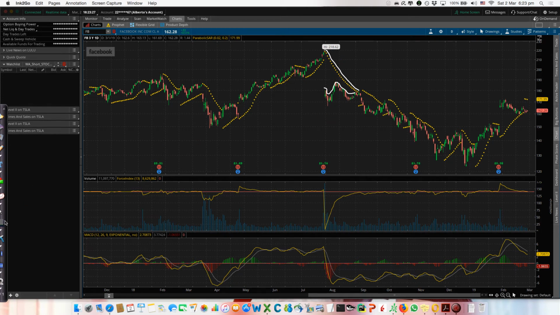So let's write this down, so eventually we will have a recap. So number one is Parabolic Stop and Reversal.